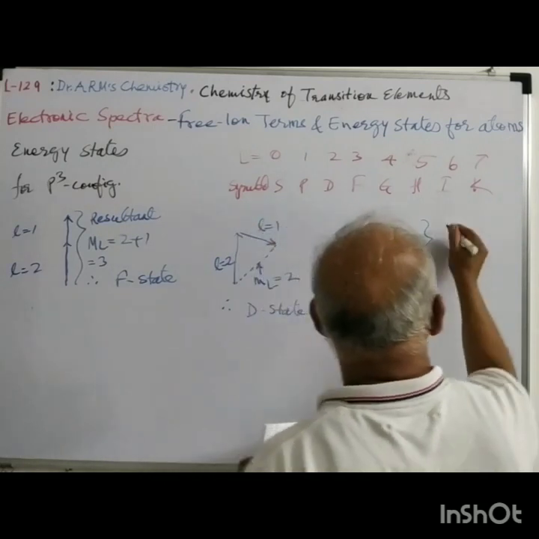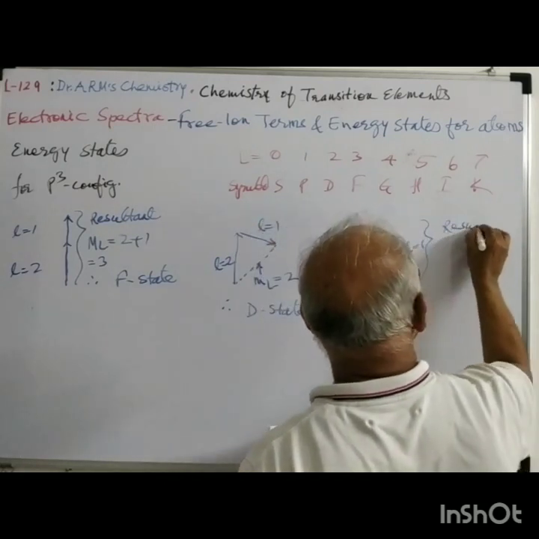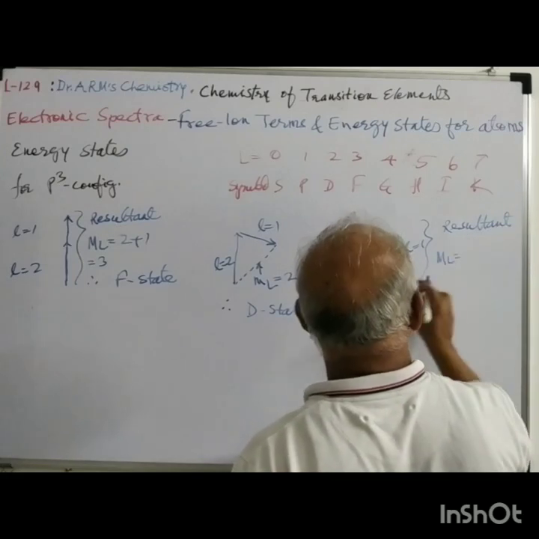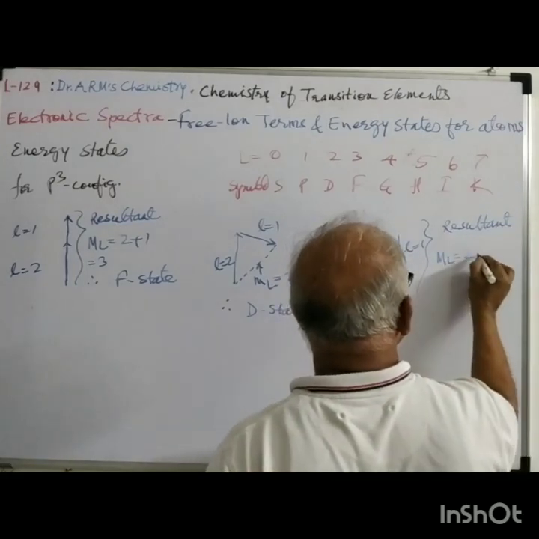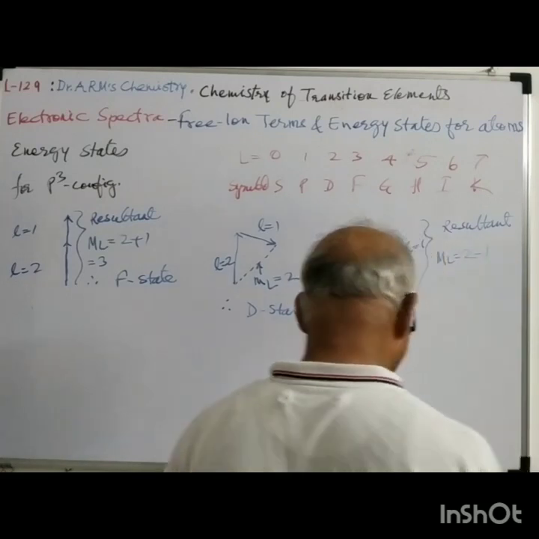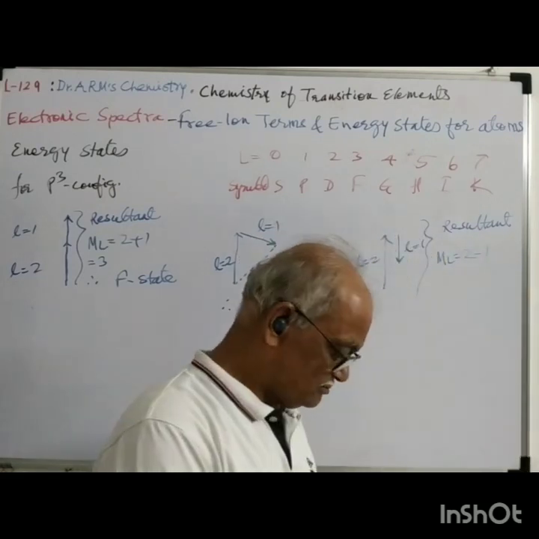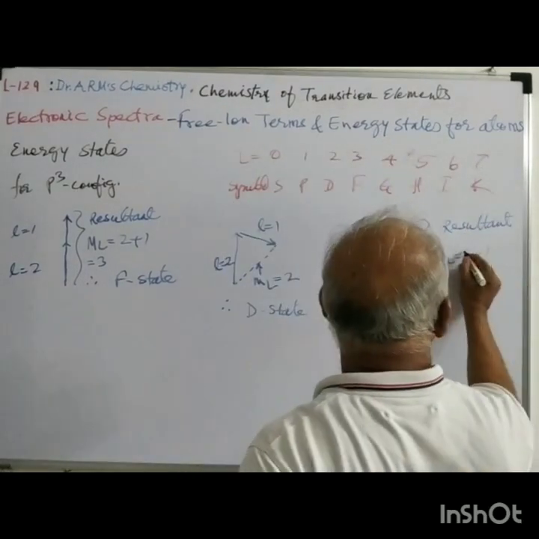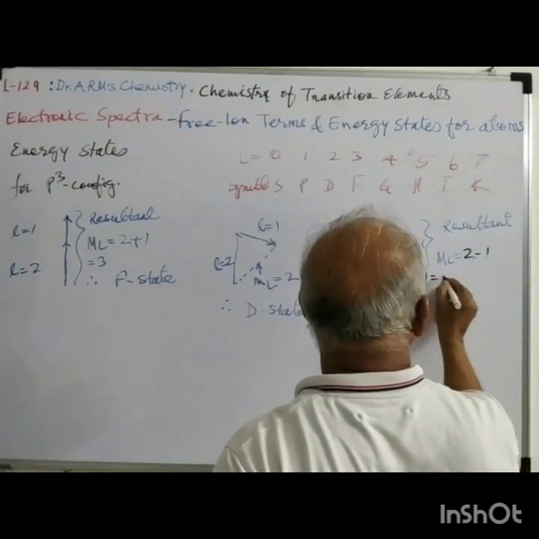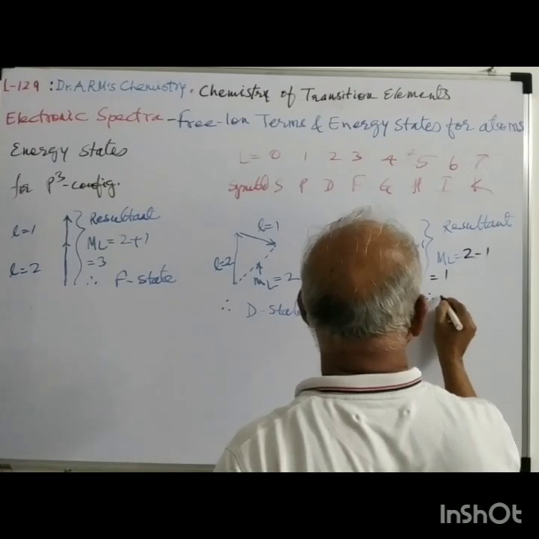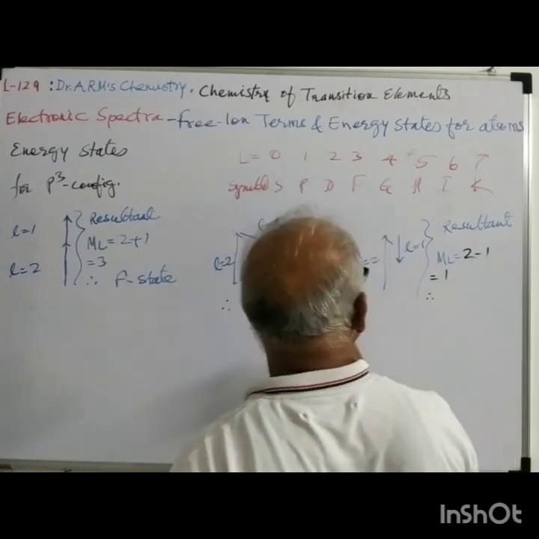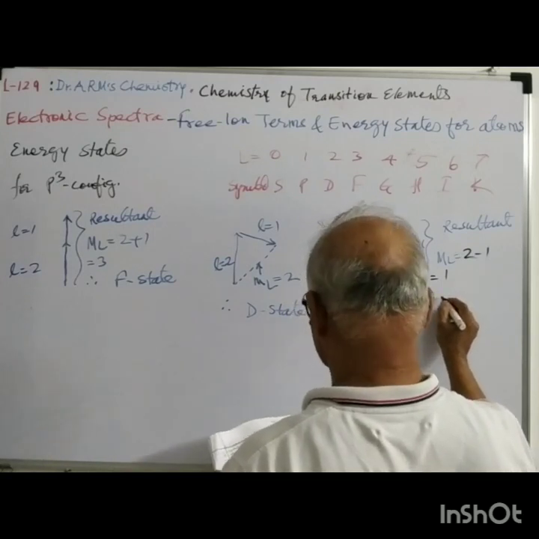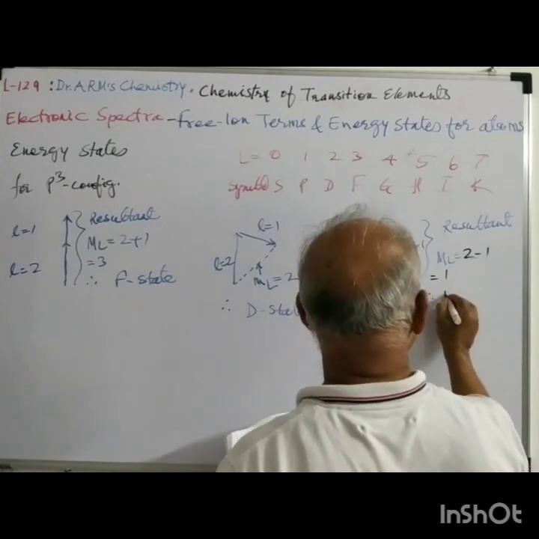So the resultant ML is equal to 2 minus 1, that is 1, and therefore the state corresponding to this ML is 1, that is P. So that is P state.